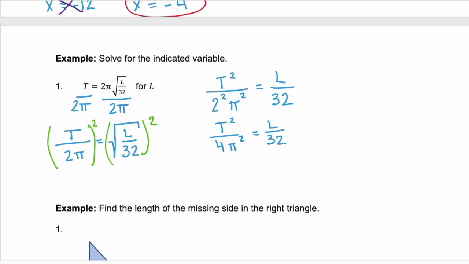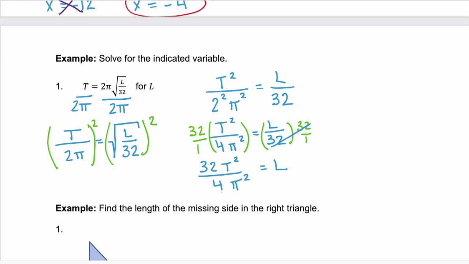Now, to get rid of the 32 in the denominator, we can multiply both sides by 32 over 1. So they simplify out on the right, which leaves us with L. And on the left, we get 32 t squared over 4 pi squared.